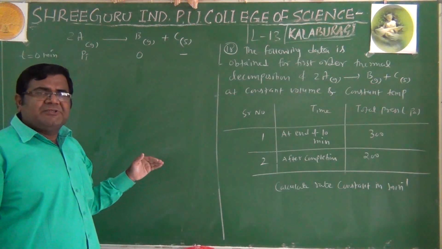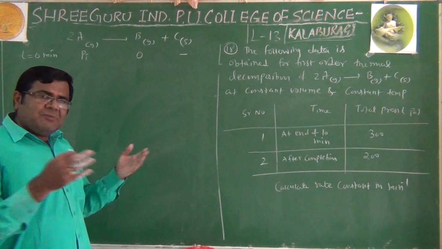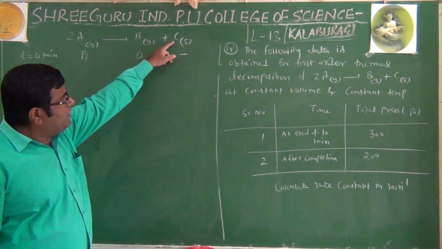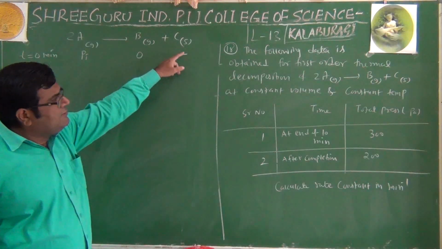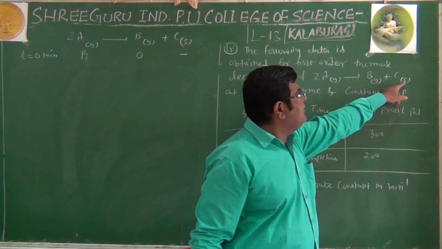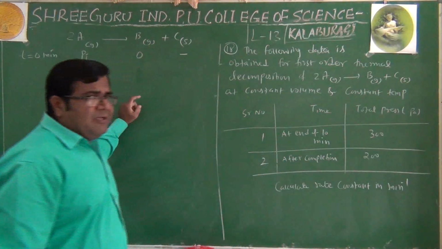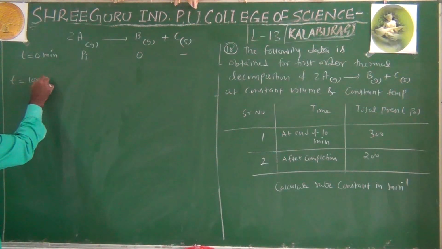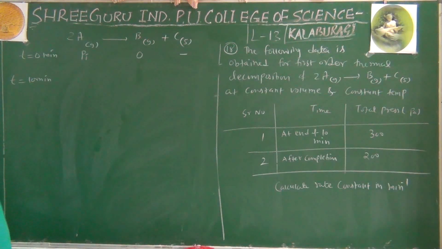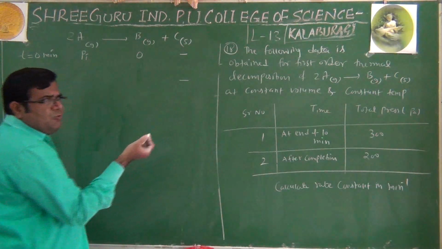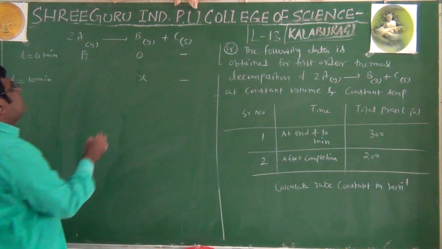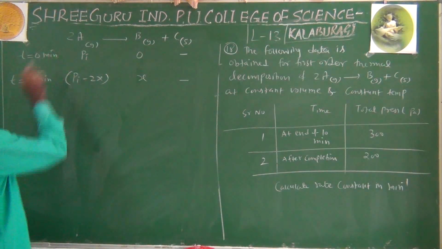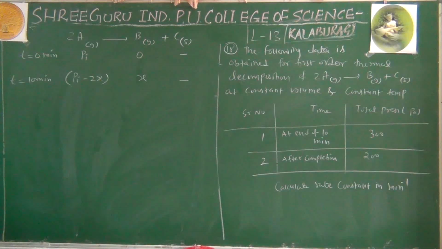Solid is a physical state which does not exert pressure on the walls of the container, because it has very strong intermolecular force of attraction. So no pressure is created by C here, because it is in solid state. They have given in the question that it is in the solid state. Pressure of B will be created but not initially. Then at t equals 10 minutes, again there is no pressure of C here. This is x, and this I will write now, Pi minus 2x, because this is 2. Yes, this is a different situation we are looking into.